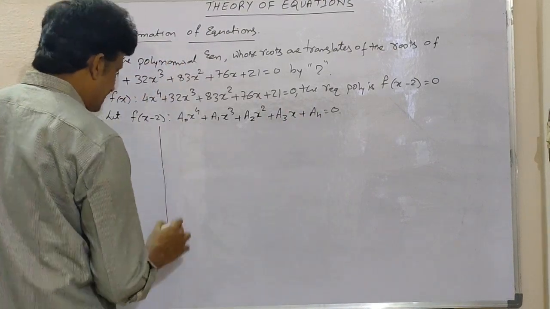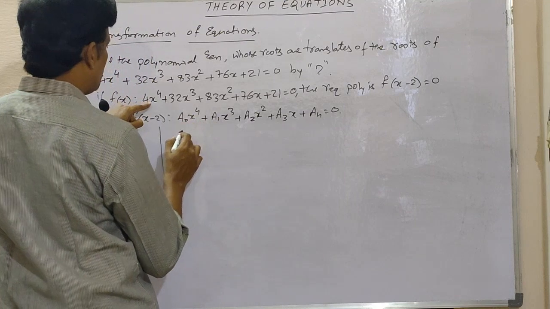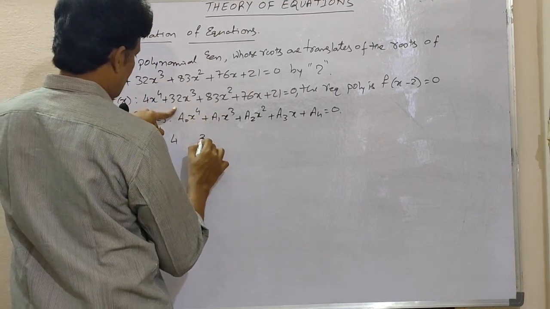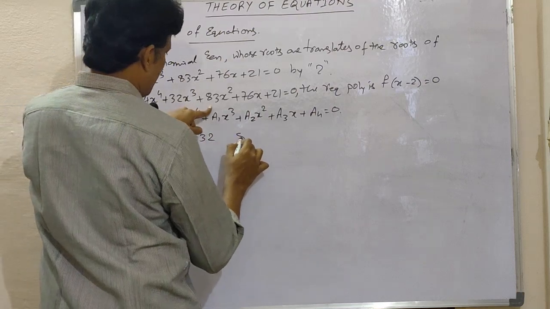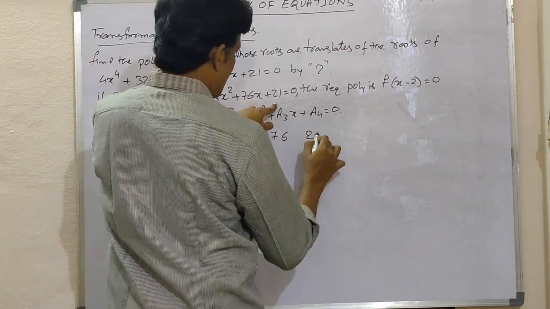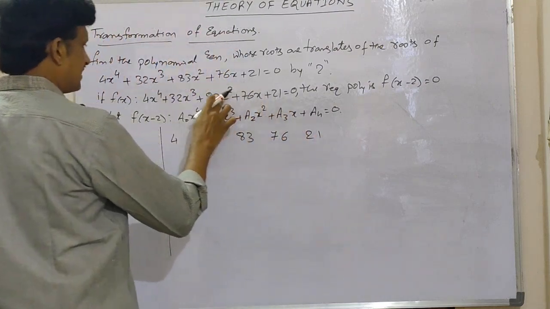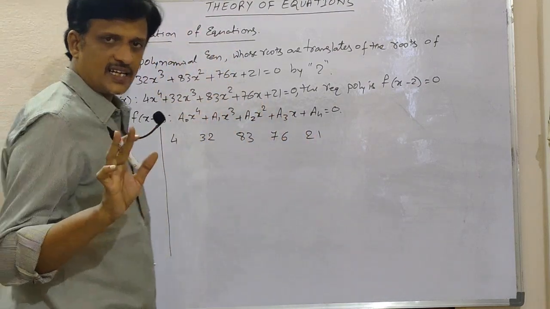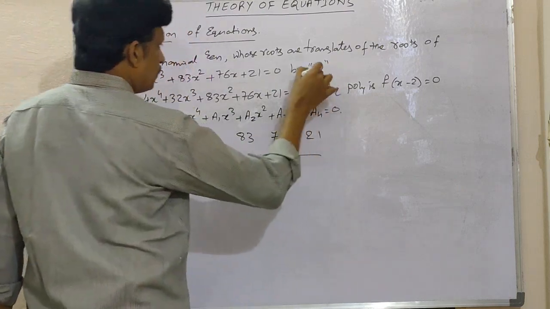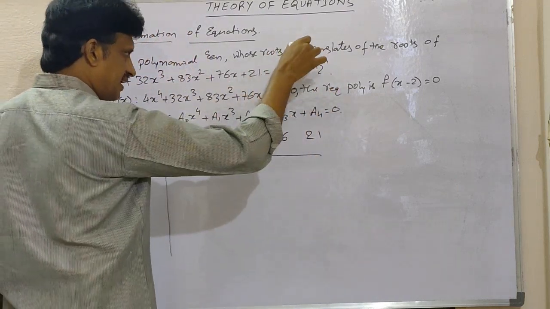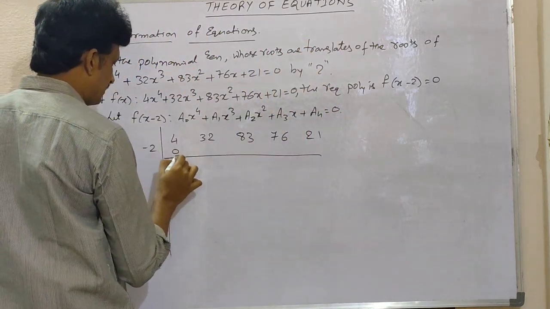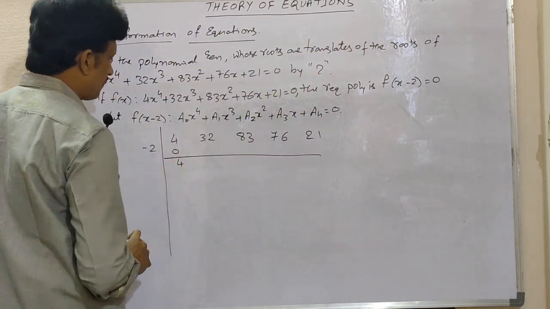Now to calculate these values, first write the coefficients 4, 32, 83, 76 and 21. Constant, x, x square, x cube and x power 4, all the terms are given. Now each root is increased by 2 means f of x minus 2 is equal to 0 is the required. So this is 4.